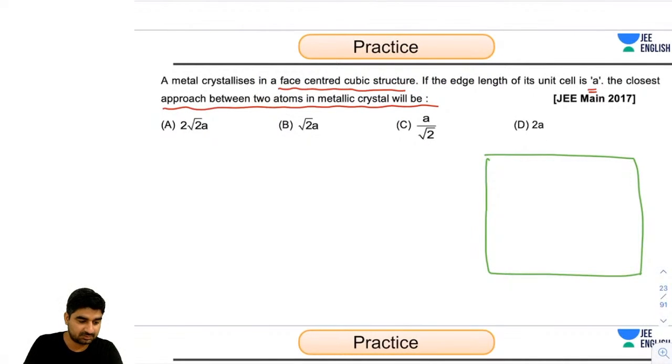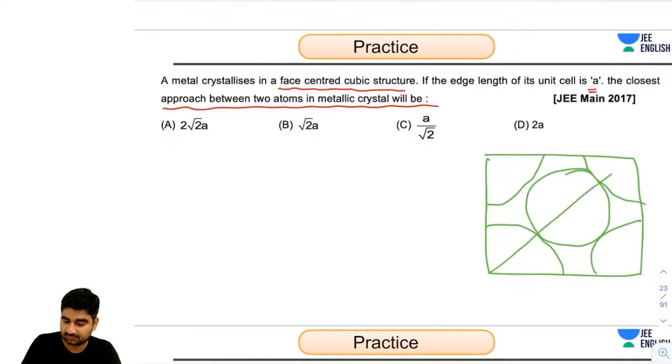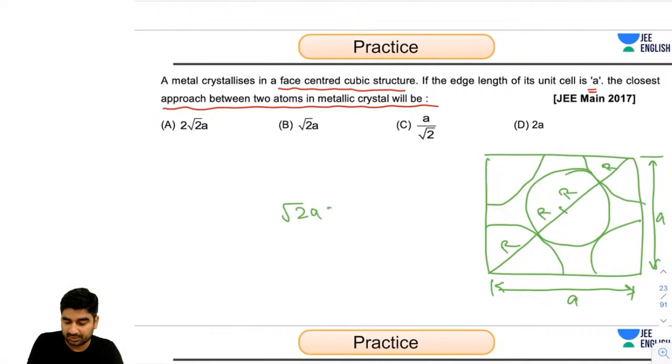Here we have face-centered, right? This is a. So this length would be root 2a because this angle is 90 degrees.